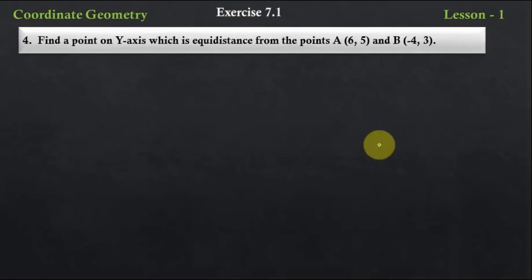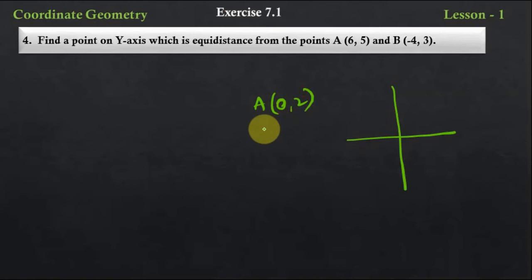See why? Because I have explained in the introduction how to locate a point in the coordinate system. For example, you have given a point (0, 2). So how do you locate this point on the Cartesian plane here?